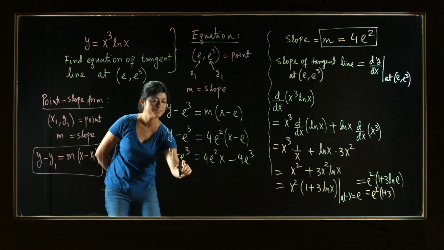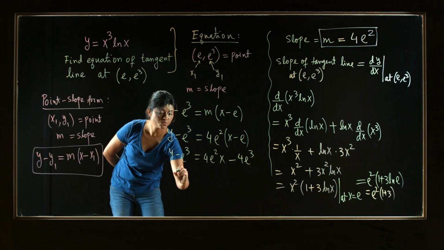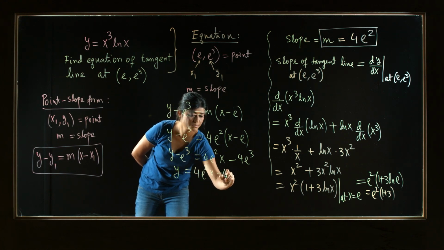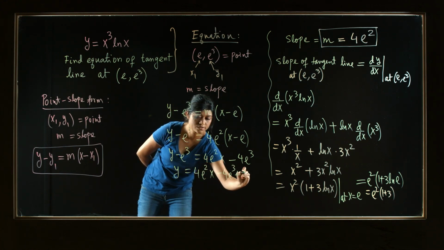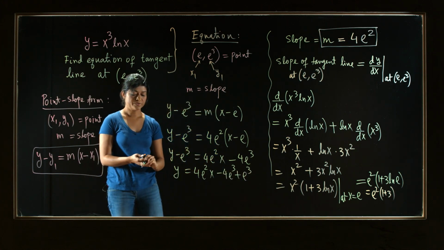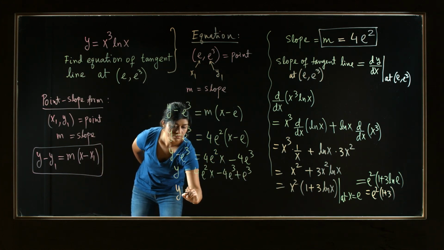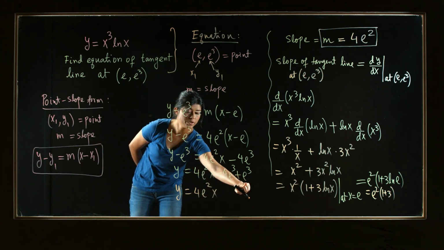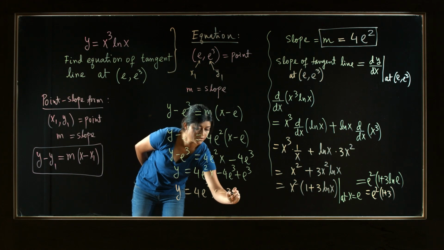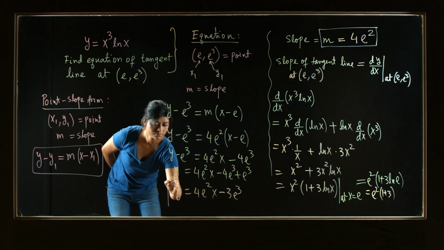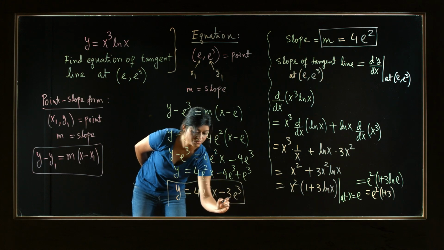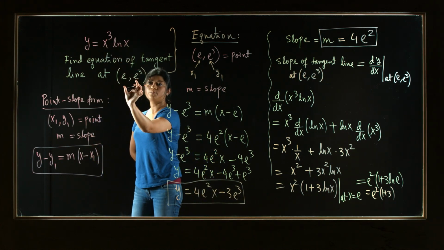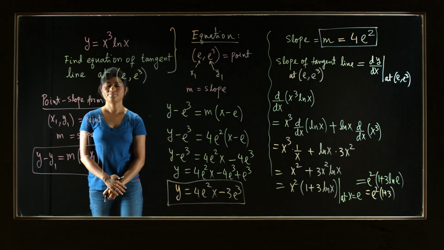Then bring the negative e cubed to the right hand side. So we get y is equal to 4e squared x minus 4e cubed plus e cubed. Negative 4e cubed plus e cubed is negative 3e cubed. So the final equation is y equals 4e squared x minus 3e cubed, and this is the equation of the tangent line to the graph of this function at the point (e, e cubed). Thank you.